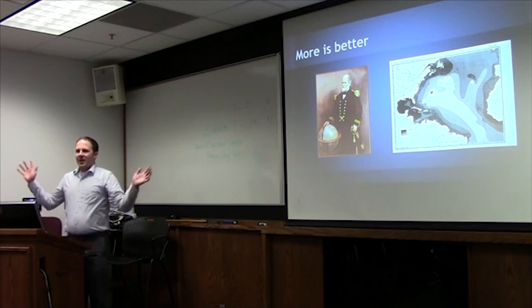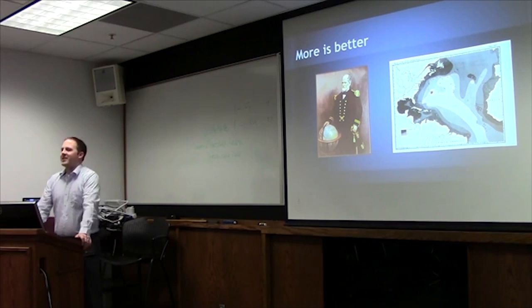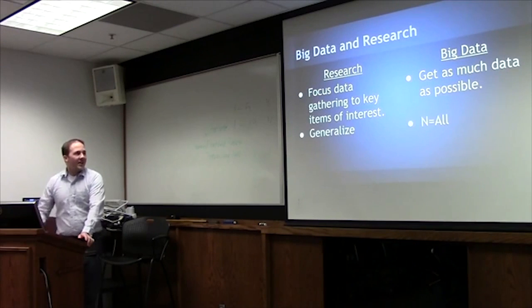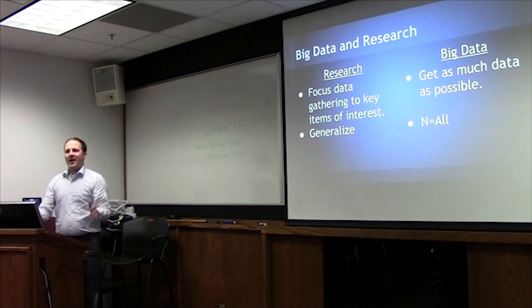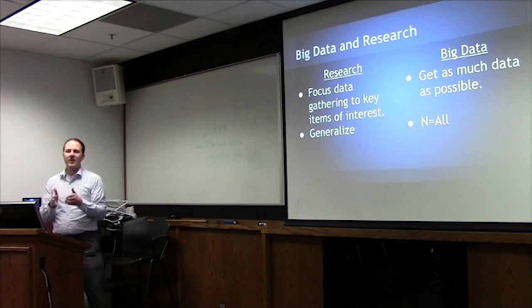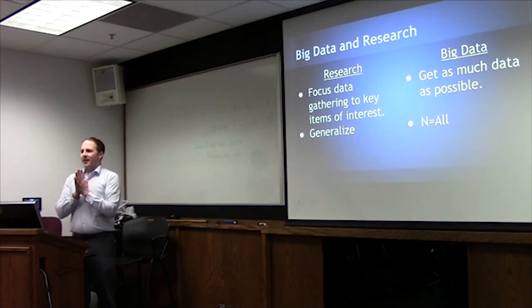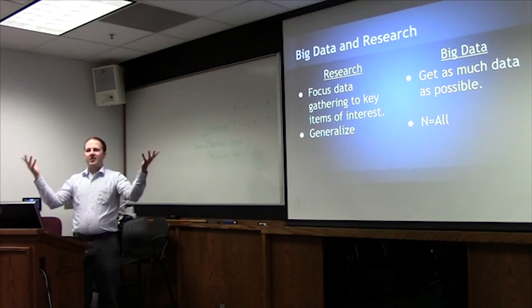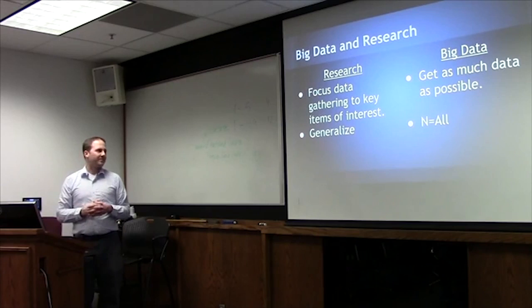But the idea is that we try to gather as much information that's already out there and see what matters, what relationships exist that can help us do certain things. Another key difference between research and big data is that with research, where we're trying to do what's feasible, generally we're looking at a sample of the population and then trying to generalize what we learn about that sample.